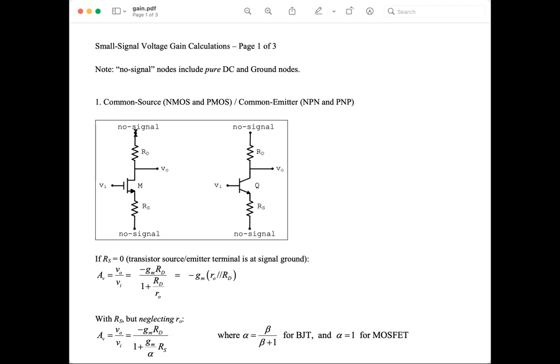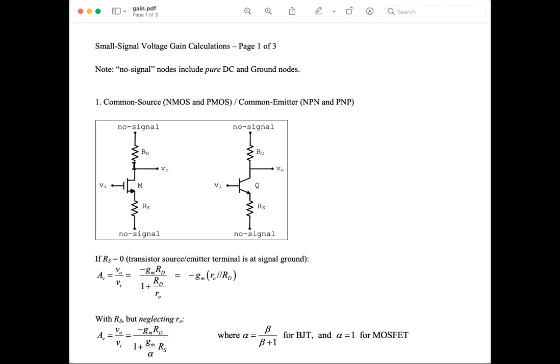So this can be just one resistor. This can be a resistor in parallel with a load to ground. So maybe we have an RL between the output and ground, and then the RD in the formula would be this resistor in parallel with RL. Or if this is connected to another MOSFET or another amplifier stage, this would be the input resistance of that amplifier stage.